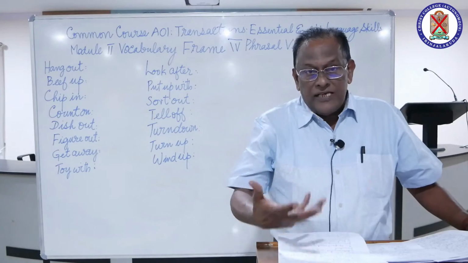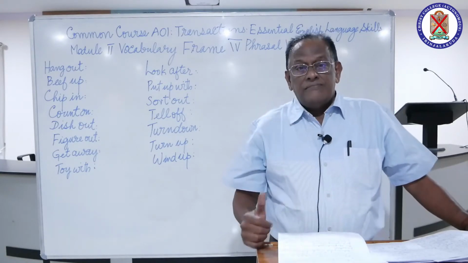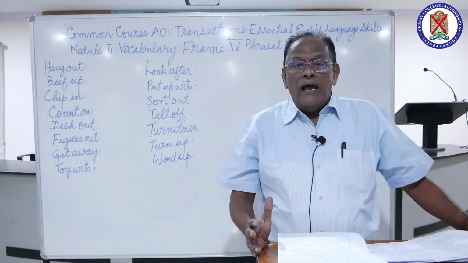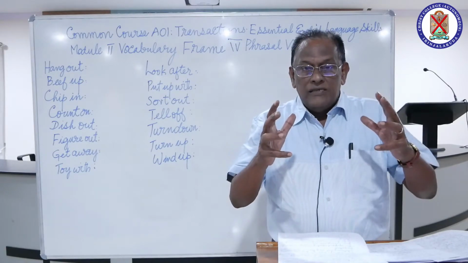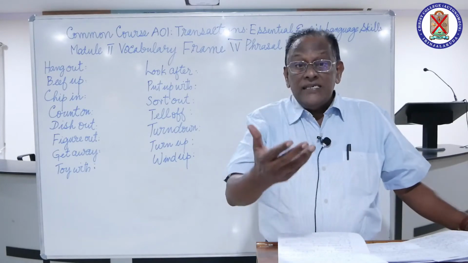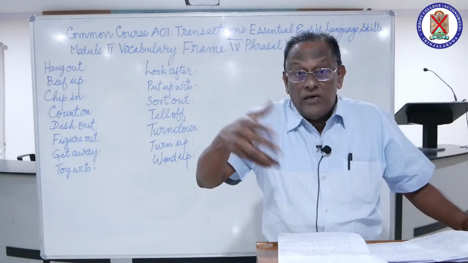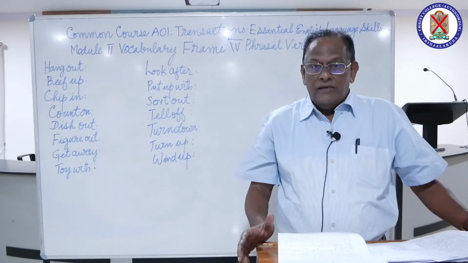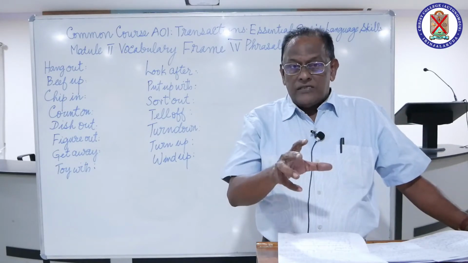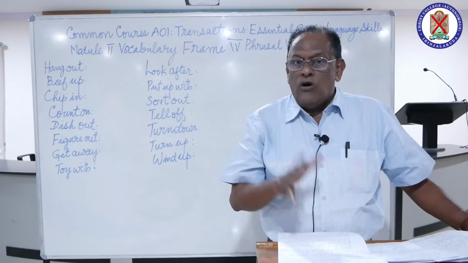In order to communicate better, it is essential for a learner to have a number of words with the same meaning, so that when the listener is not able to understand you, you can use other words with the same meaning. Words which have the same meaning expressed in other words are called synonyms.